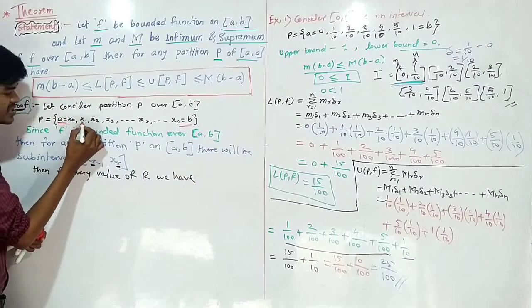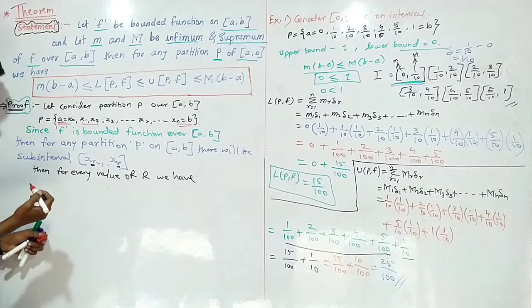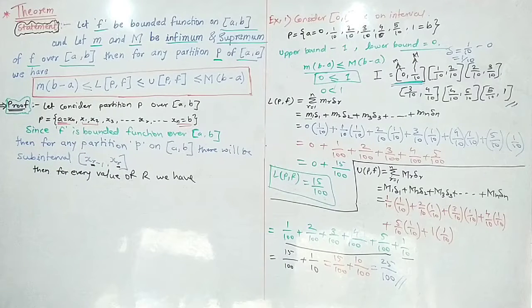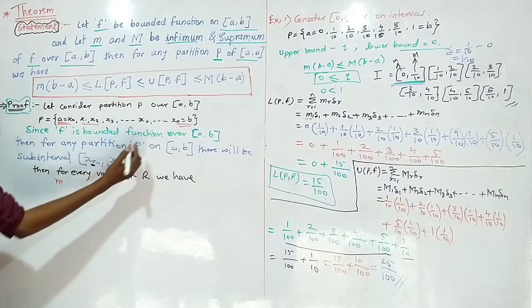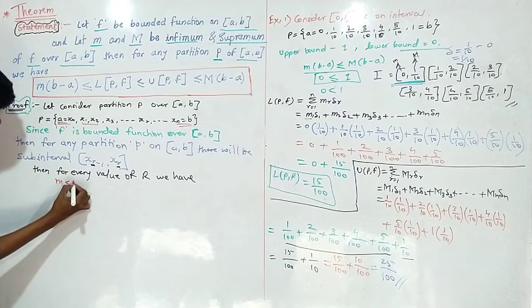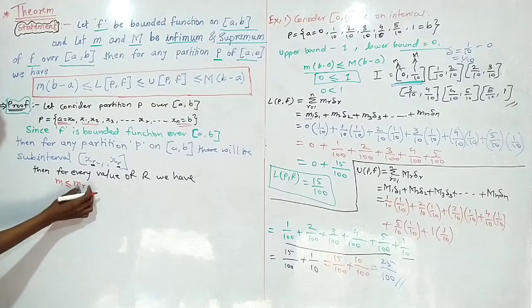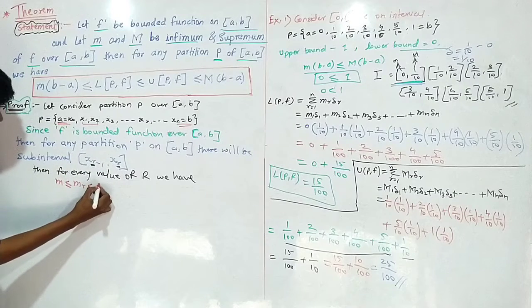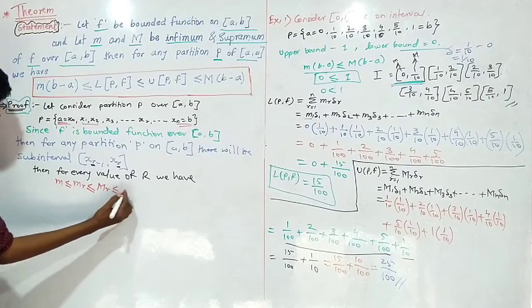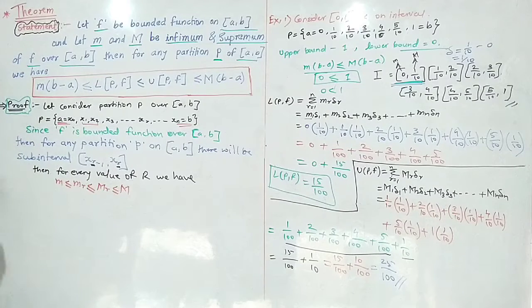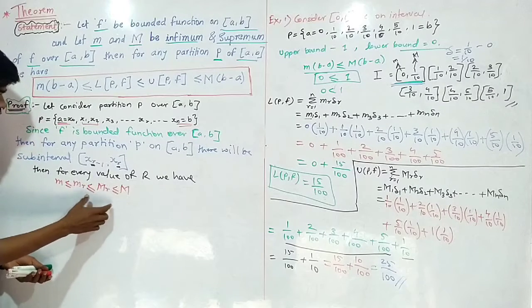So for this reason we need to write that capital M, which is less than or equal to small m, which is the lower bound over the interval [a, b], which is less than or equal to small m_r, the lower sum of this interval, which is less than or equal to capital M_r, and which is less than or equal to capital M. These are the supremum of our given bounded function on the interval.